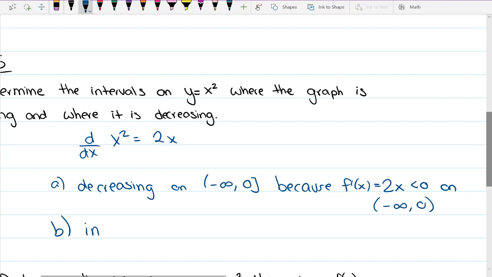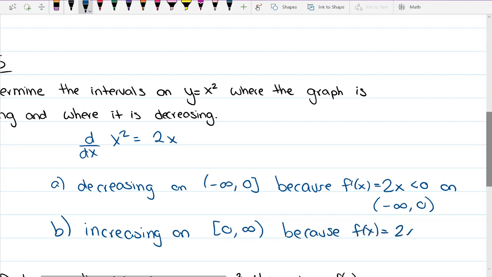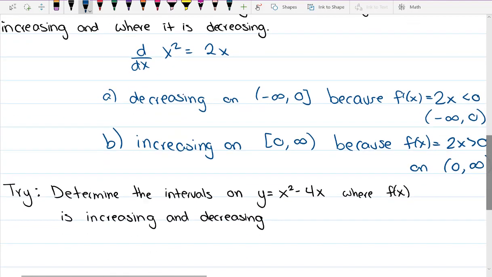Our function is increasing on the interval 0 to infinity because f prime of x is equal to 2x, which is greater than 0 on the interval 0 to infinity. That's basically all there is to it. You just have to determine where the derivative is positive and where the derivative is negative.